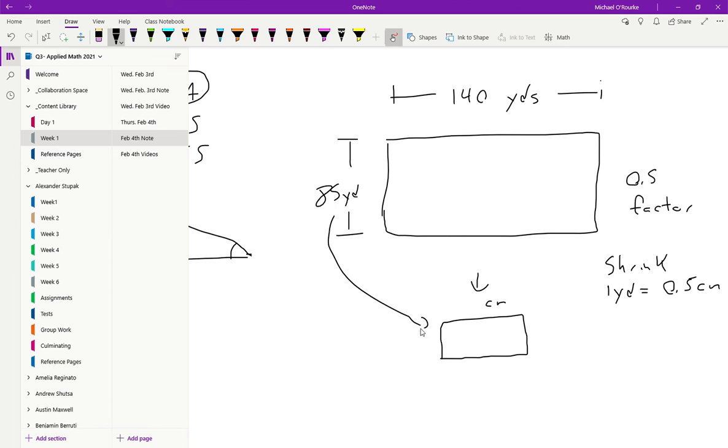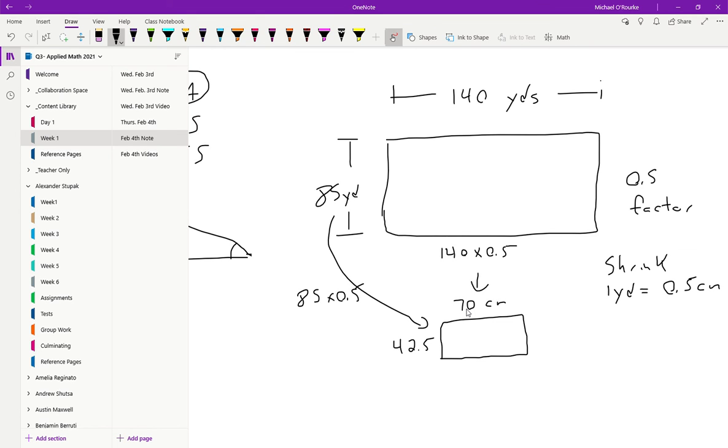And we're going to multiply it. 85 times 0.5 is going to get us 42.5, and 140 times 0.5 is going to give me 70. Okay? That's for question 8. It's kind of like the same type of question.